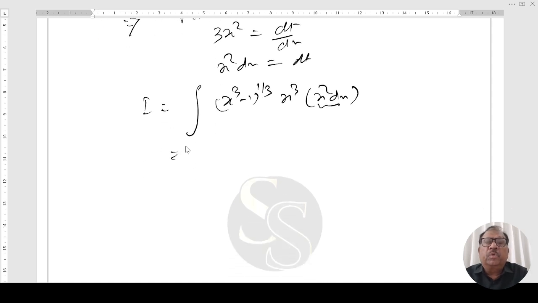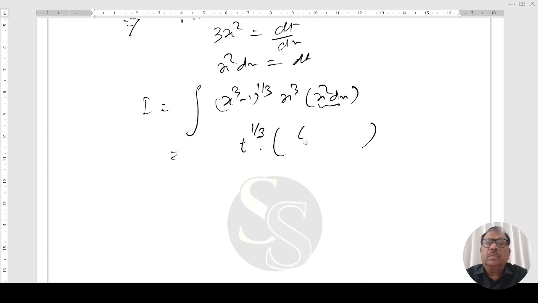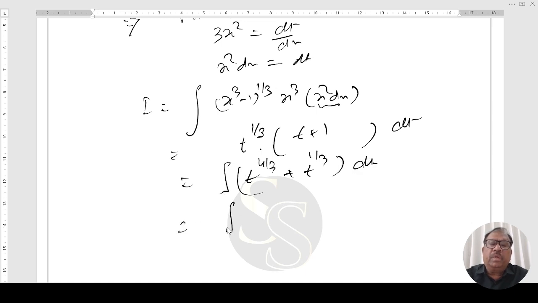नेक्स्ट, सब्स्टिट्यूटिंग वैल्यूज t की पावर 1 by 3 into x cube from here comes out to be t plus 1 dt. t की पावर 4 by 3 plus t की पावर 1 by 3 dt. We can integrate separately.